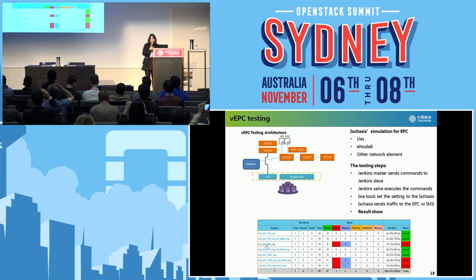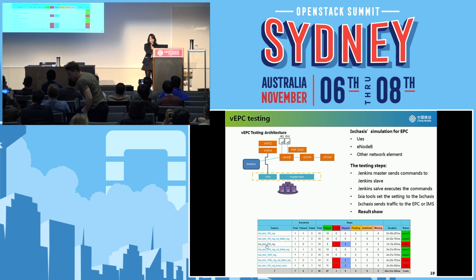Here is the topology for virtual EPC testing. We use the Xcellon chassis to simulate the different modules in the EPC. And I also give a quite simple view of how the test case results look. These are for the functional testing, so you can see it's only pass and fail.